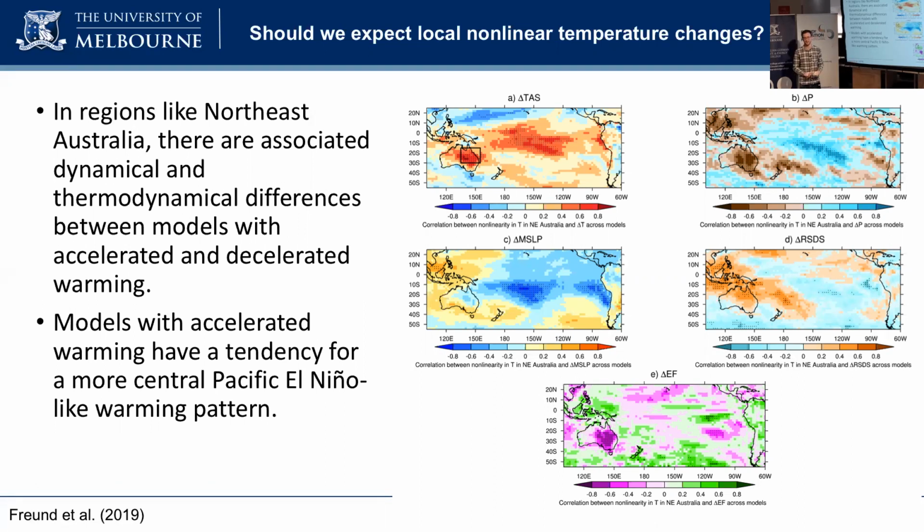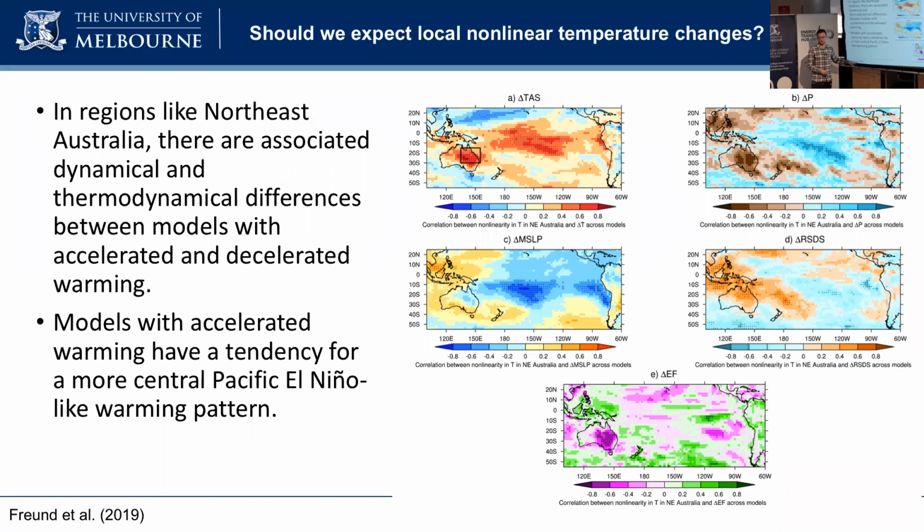Okay, so I think because I'm looking at projections in a different way from the normal way, I probably need to be a bit slower in how I explain them. But yes, essentially, the models with accelerated local warming over Queensland as a function of global warming tend to have a more Central Pacific El Niño-like pattern.